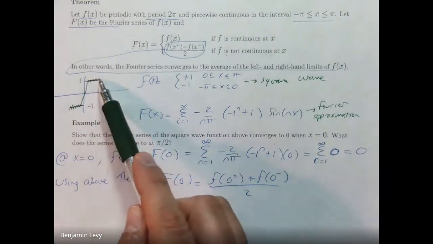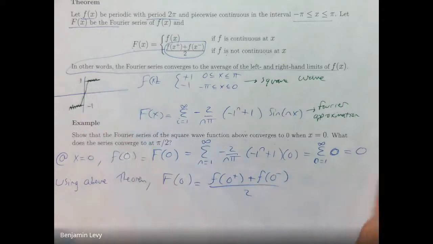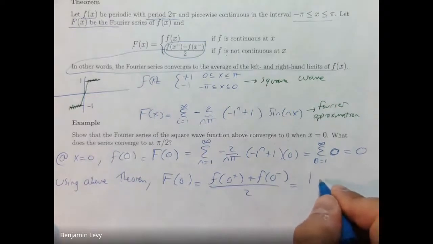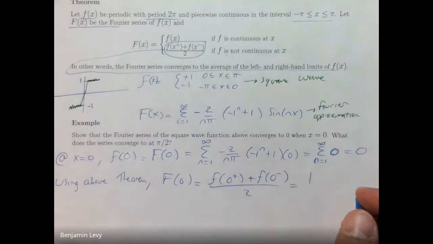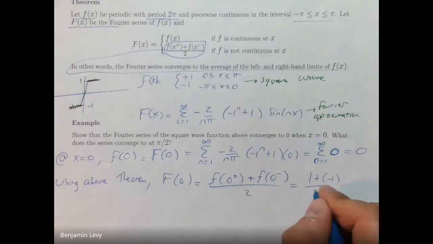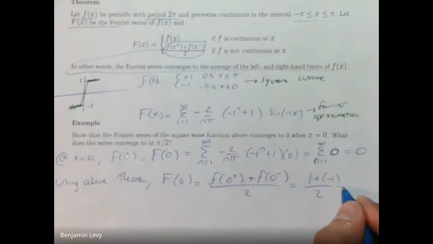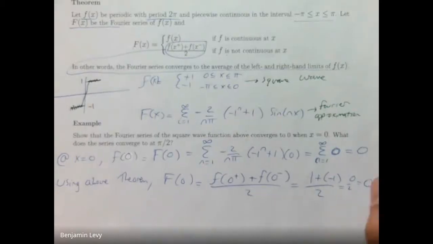And if we approach 0 from the right, we're at +1. And so this ends up being 1 plus -1 over 2. When we approach from the right side, we're at 1. When we approach from the left side, we're at -1. Those two things cancel. We get 0 over 2, which is 0. And so this theorem shows us that we get the same answer.